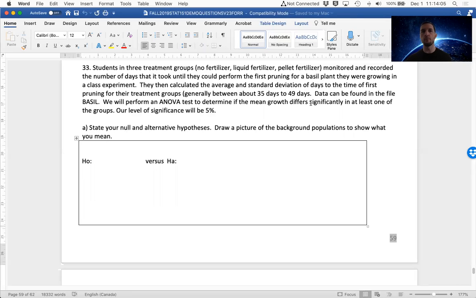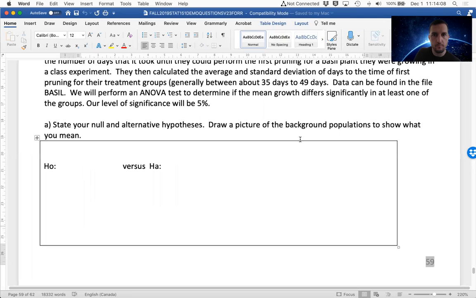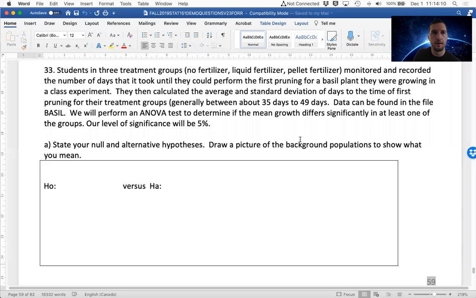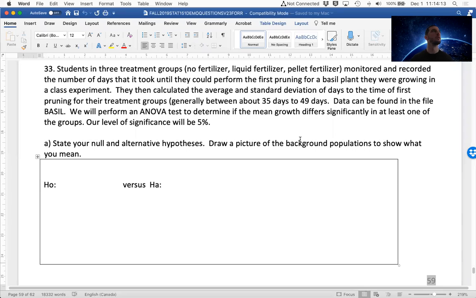Okay, so let's do the ANOVA one. So we're doing demo question 33. Students in 3 treatment groups, no fertilizer, liquid fertilizer, pellet fertilizer, monitored and recorded the number of days that it took until they could perform the first pruning for a basil plant they were growing in a class experiment.